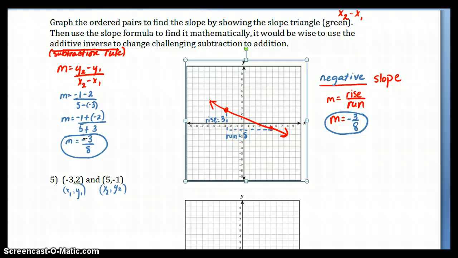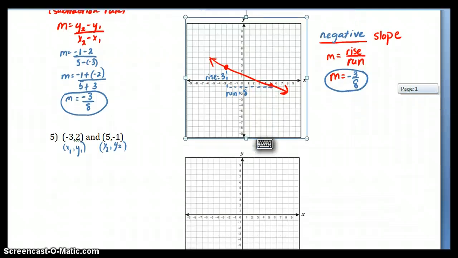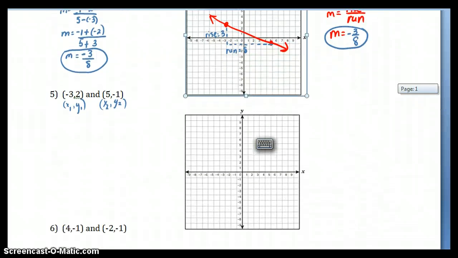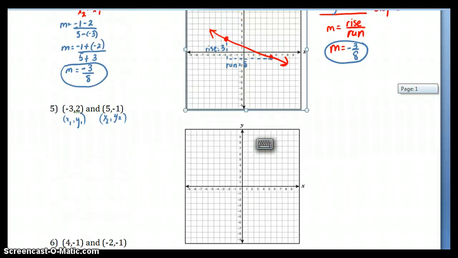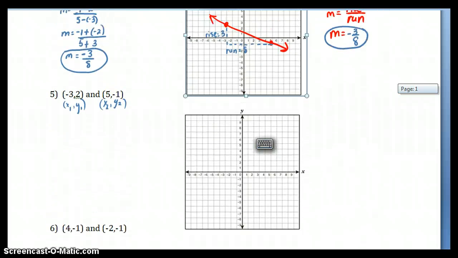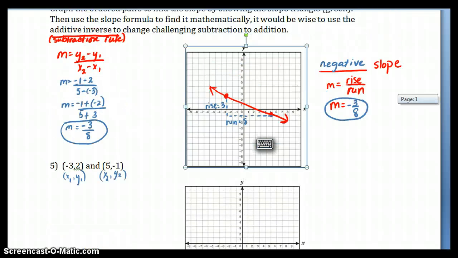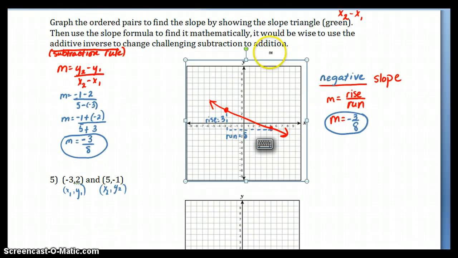All right, I'd like you to try number 5. So go ahead and make sure it's graphed, and then we'll go from there. So, excuse me, we already did 5. Excuse me. I'd like you to try number 6. But before we leave this, I want to focus you in on quadrant 1, quadrant 2, quadrant 3, these are written with Roman numerals, and quadrant 4.